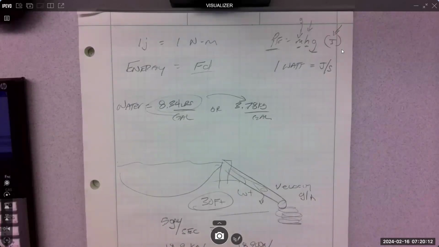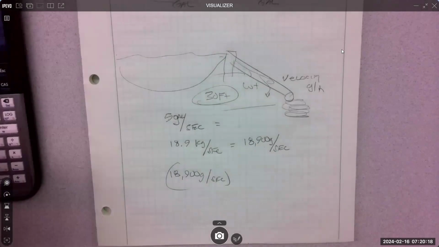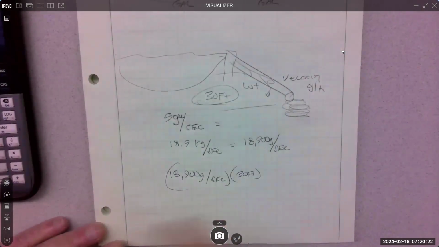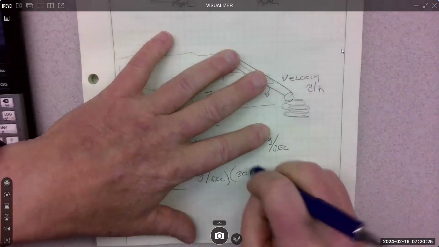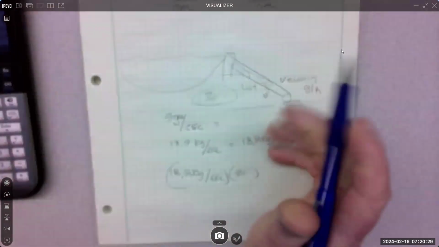And if we take that 18,900 grams per second and we multiply it by the height of 30 feet, sorry, let's keep our units correct. So I'm going to say this is meters.